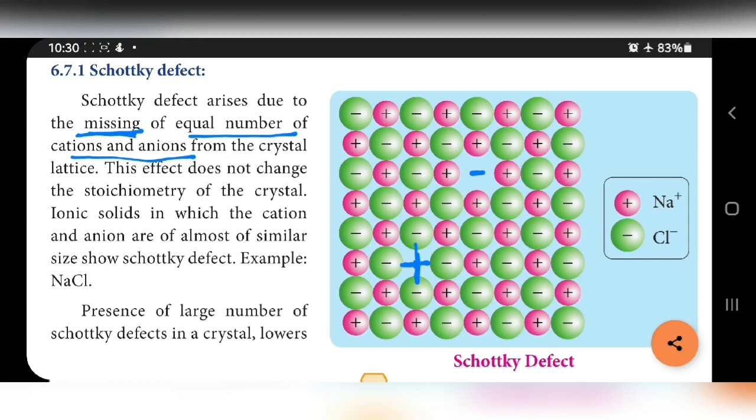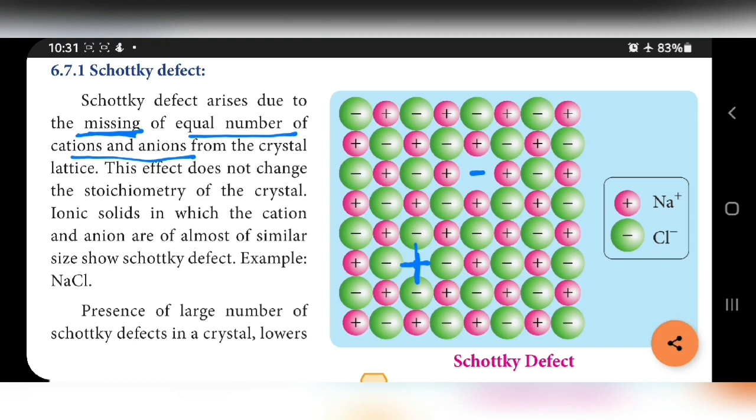So an equal number of cations and anions are missing from the crystal lattice. The defect does not change the stoichiometry of the crystal because the number of missing cations and anions are the same.